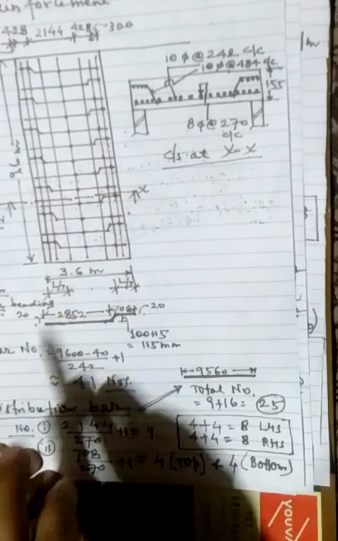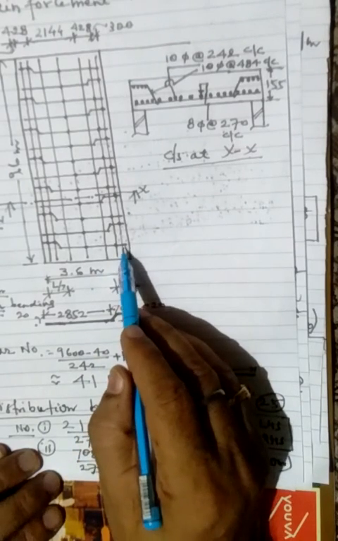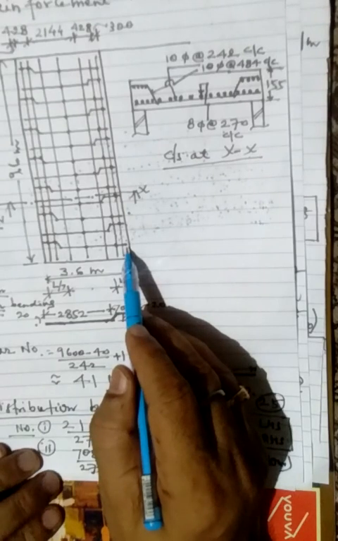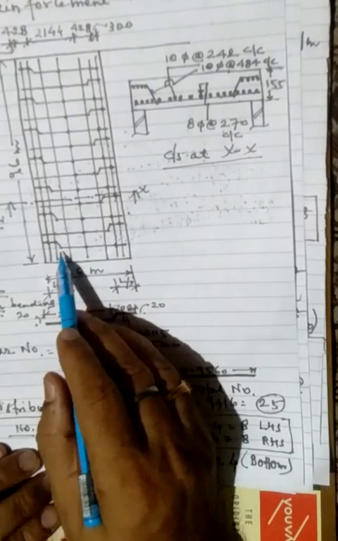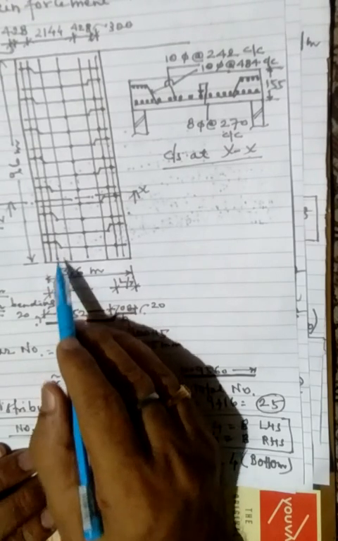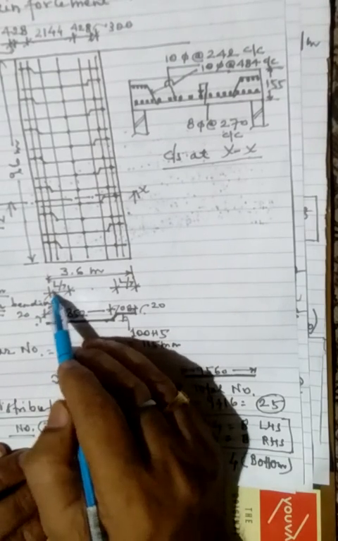So how we can provide this in actual construction? We take this first steel bar, suppose, from the right side and right and top of the right support, and goes nearer to the left support up to a distance of L/7 from the support. So L/7 length we have taken.